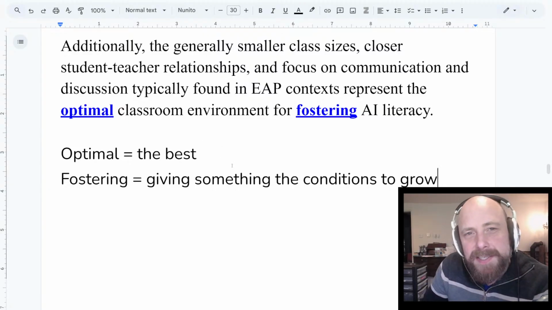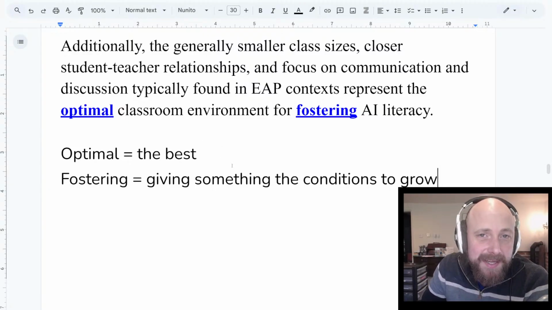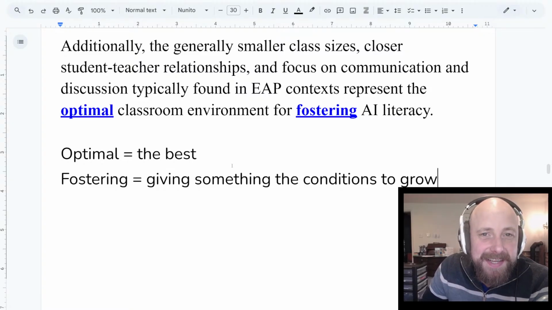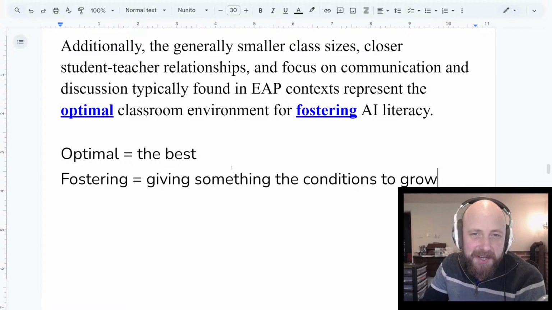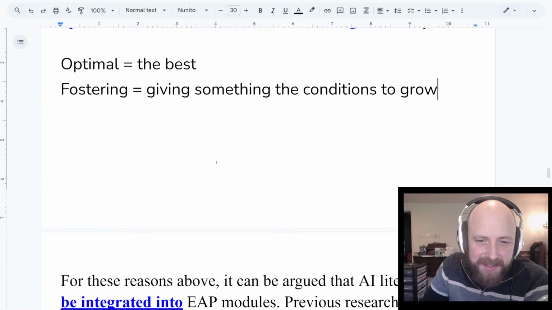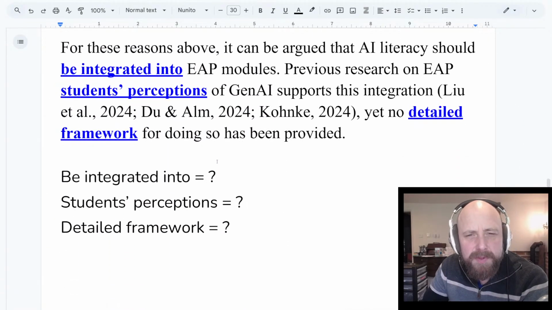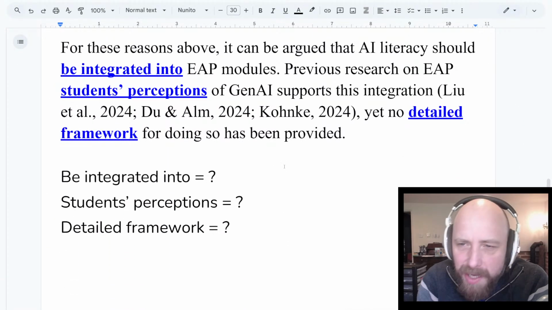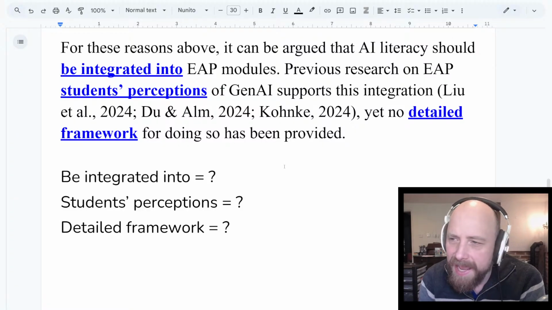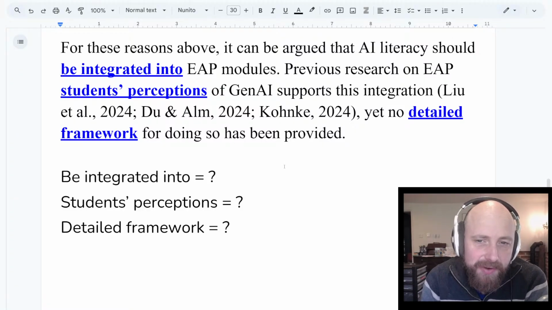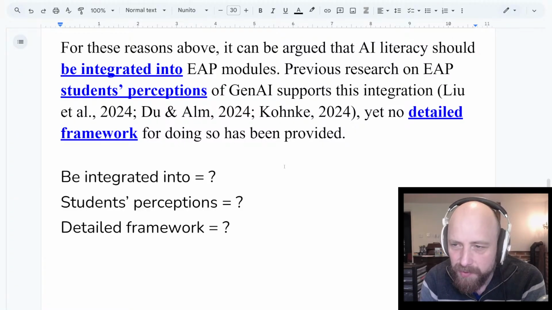Are you starting to see how intensive reading really helps with vocabulary? Because you get into all these things and you find all these interesting terms and start digesting them a little bit. For these reasons above, it can be argued that AI literacy should be integrated into EAP modules.